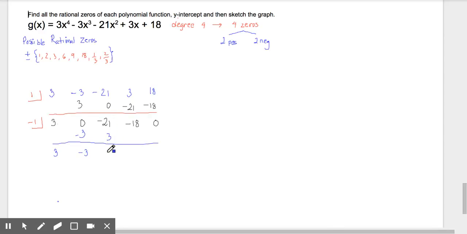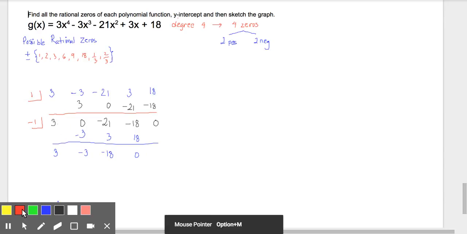Negative 21 plus 3 is negative 18. Negative 18 times negative 1 is positive 18, and then we get a 0. So we found another 0. Sometimes we are lucky enough to find zeros quickly, like this. Now let's try 2.